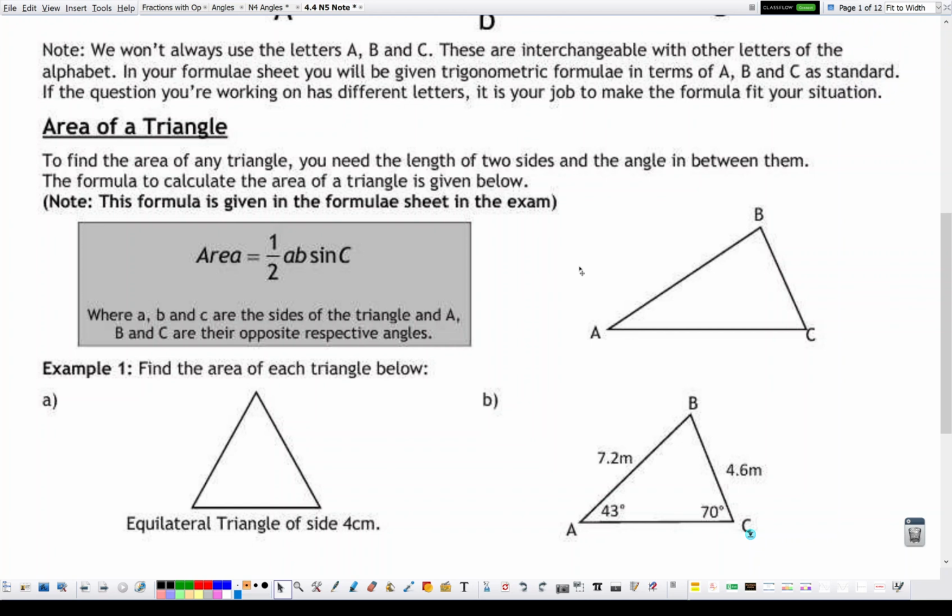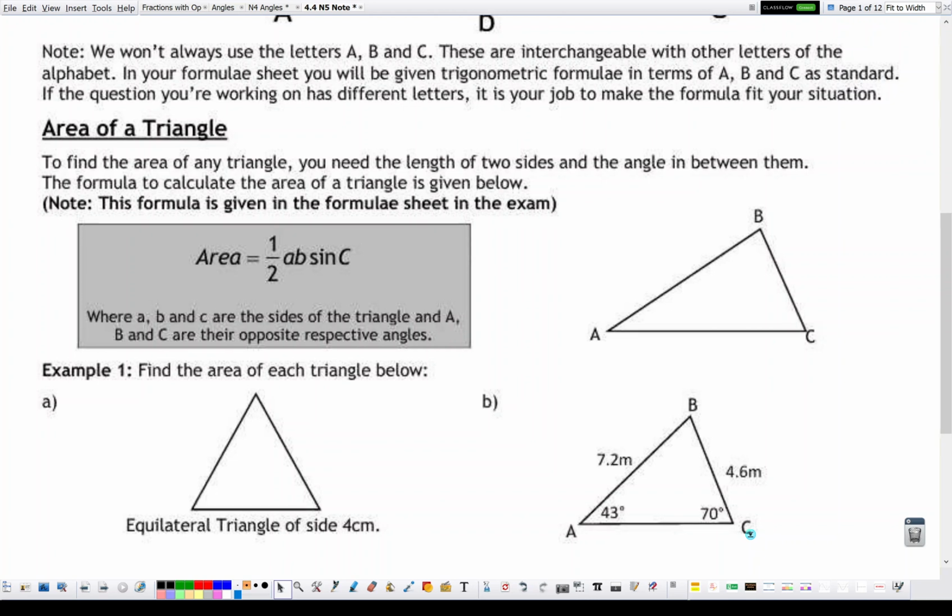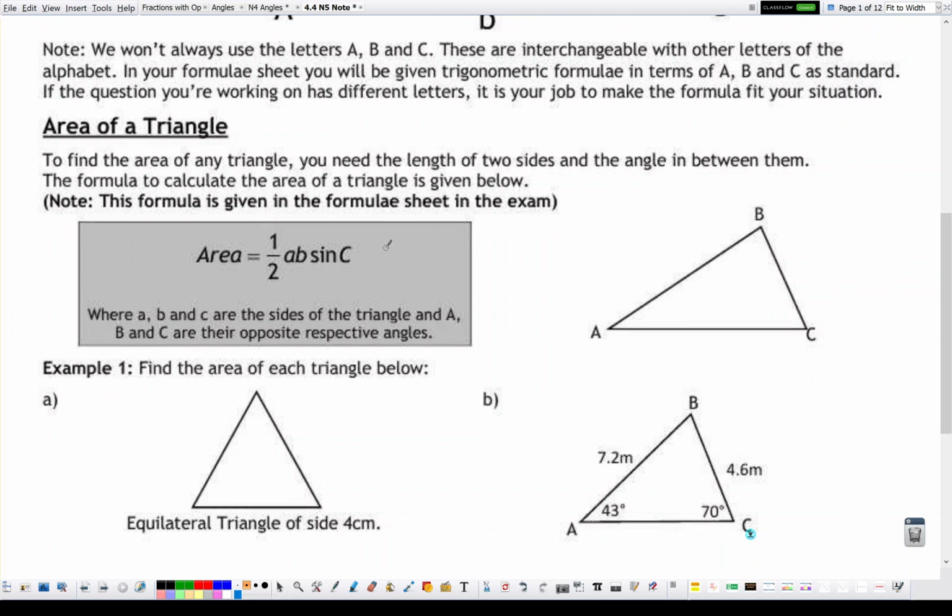Well, that's when we use this new formula, which you're going to copy down in a little grey box just now. So the area of a triangle, and note that this formula is given to us in a formula sheet, so you don't have to remember it. Area of a triangle is a half times side A times side B times the sine of angle C. I want you to make very clear that C is a capital, so that is an angle, and A and B are sides.